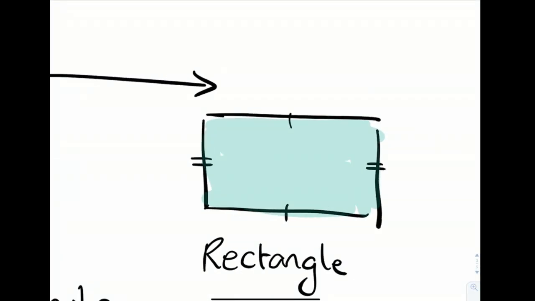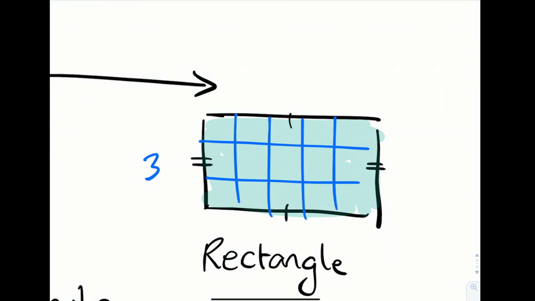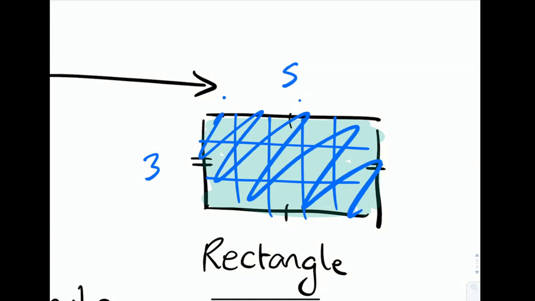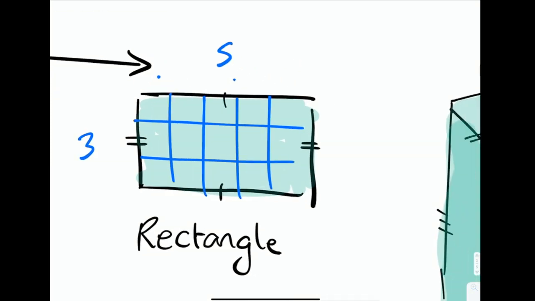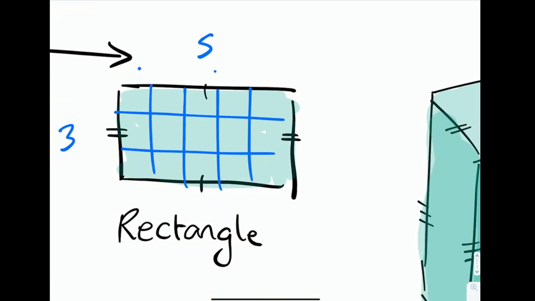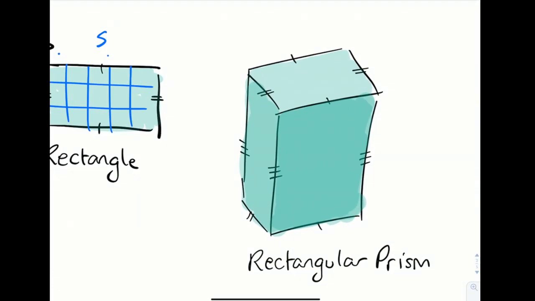So let's say for this surface it fits 3 wide and 1, 2, 3, 4, 5, so 5 long. So this area itself would be 3 times 5, which gives us 15. So it'd be 15 squares inside there. But how many layers of cubes would that be?